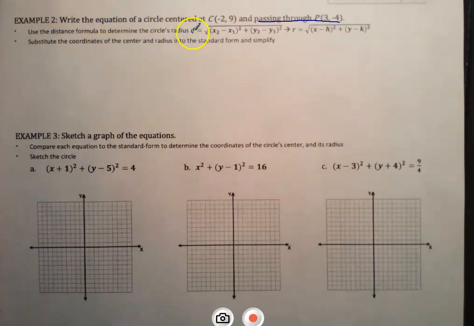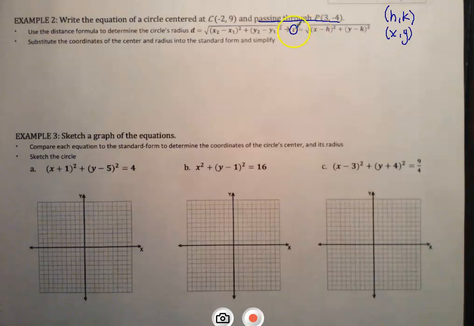Nice. Okay, so we have d because it's the distance formula. You recall back, distance equals the square root of the quantity x2 minus x1 squared plus y2 minus y1 squared. Well, we're just going to rename it r, because that's our r value, our radius. And we're still going to do x2 minus x1, because the circle's center is at h comma k, which is the same thing as an x comma y value.